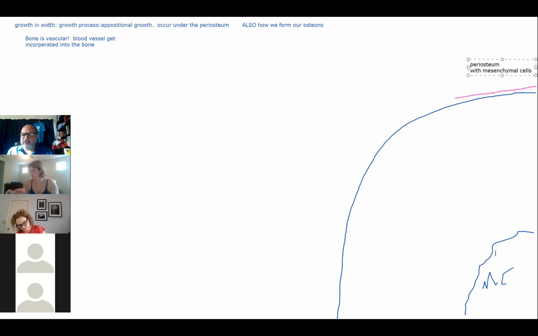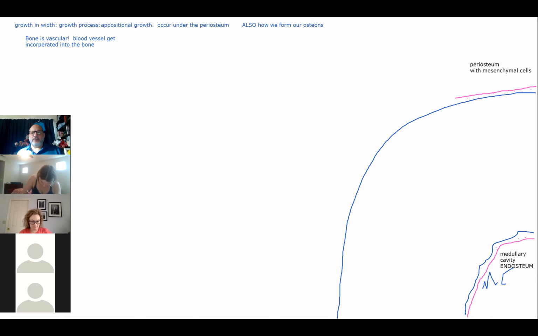And like I said, this is our medullary cavity. And we also know this medullary cavity is lined with the endosteum. We have an endosteum in here as well. So let's go ahead and draw that. And we know that endosteum houses mesenchymal cells and some other stuff as well.